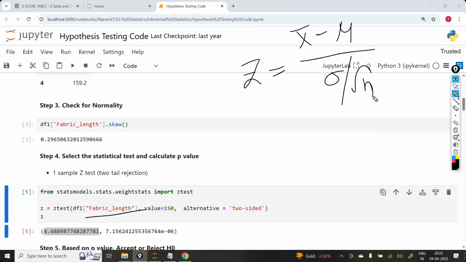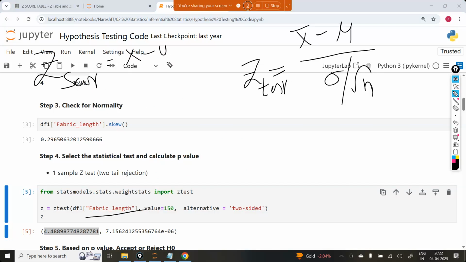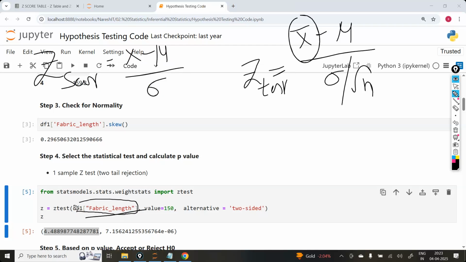Now, what is the difference between z-score and z-test? This is the z-test. Z-score is nothing but x minus mu divided by sigma. This is x bar minus mu. It is x bar, not x, it means the overall data. So first internally it will calculate the mean of the overall data. How? You have provided the data. For this data, it applies the mean in the backend, and that mean value will be substituted here.